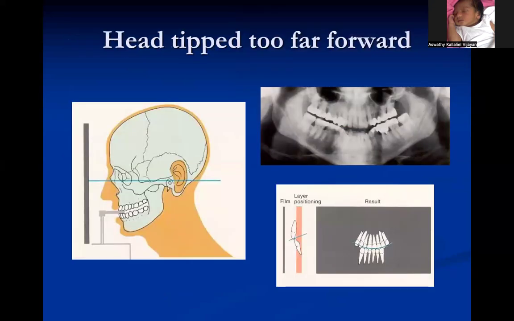Now, the artifacts that we usually see while taking an OPG. If the head is tipped too far forward, the anterior teeth appear minified or smaller in horizontal direction.